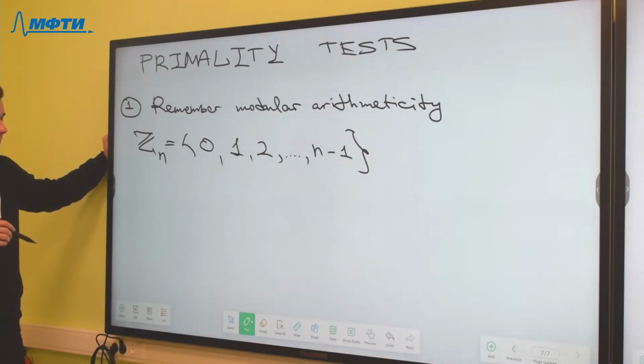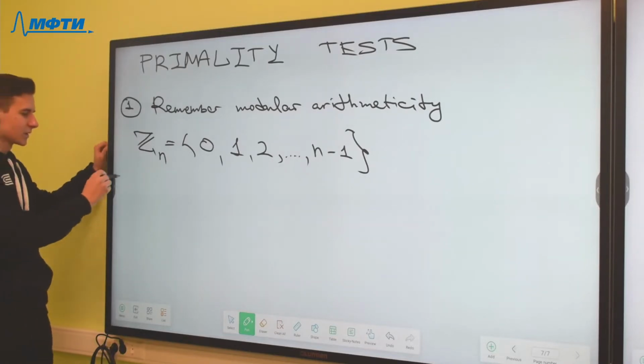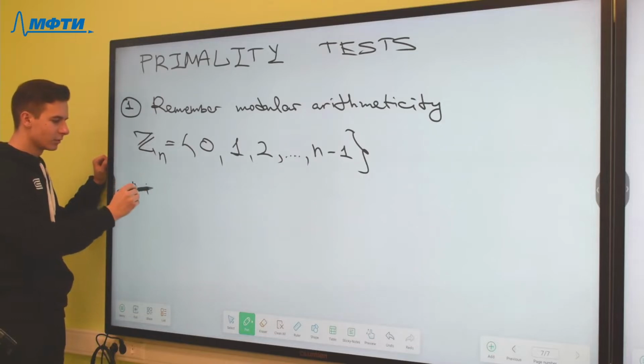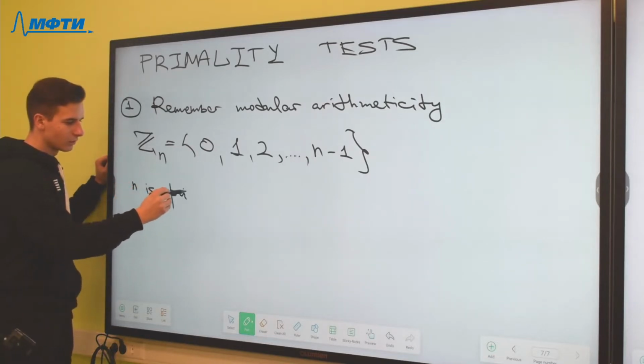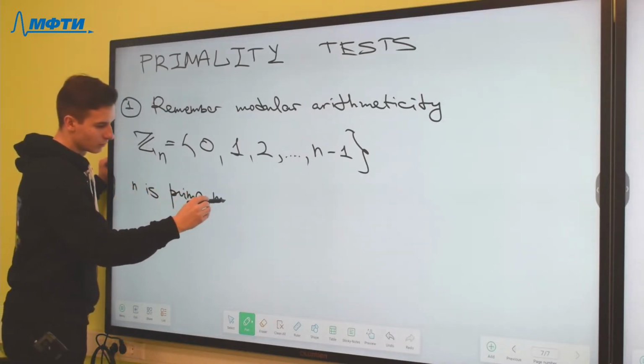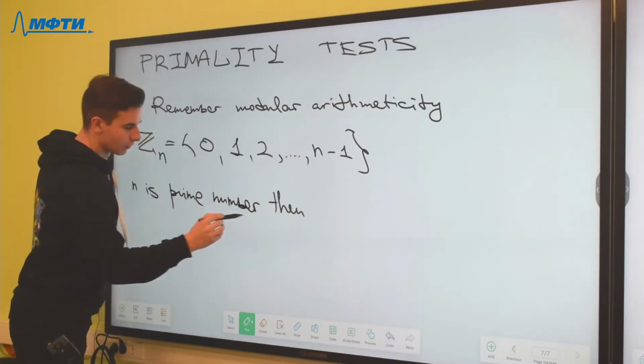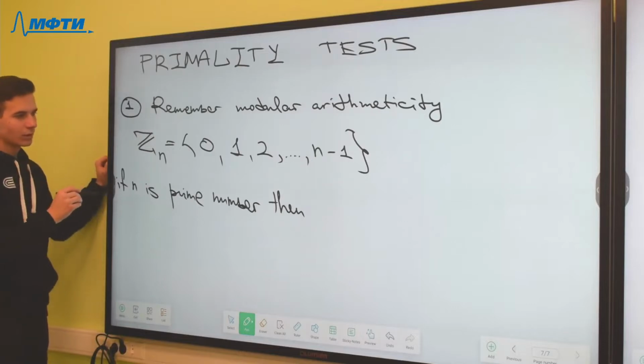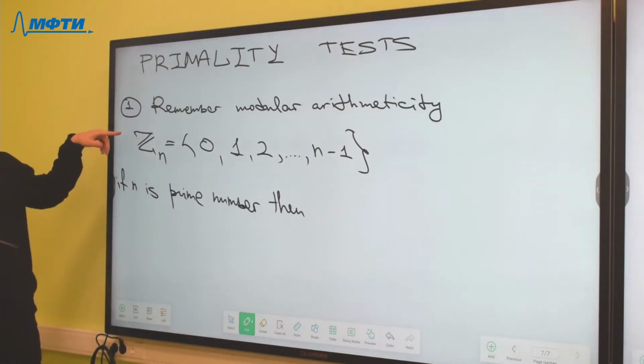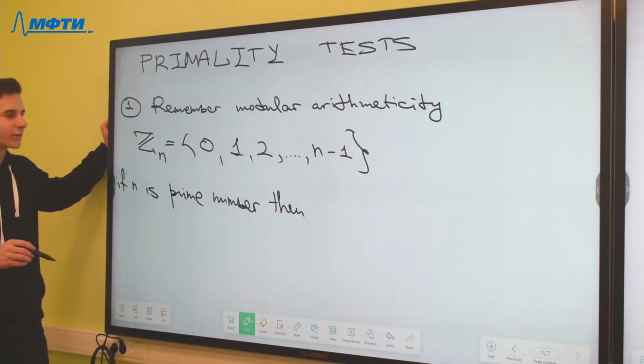And you remember that if n is prime number, then what we know about this set? You know what is the field?